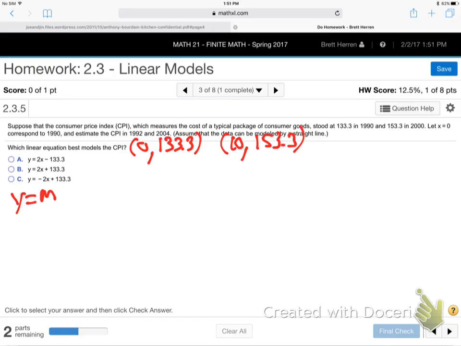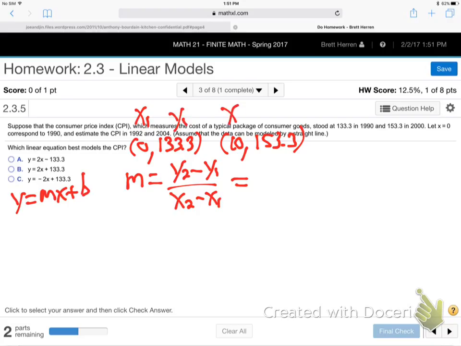This is y equals mx plus b. So we have to come up first with the slope. Anybody remember how you come up with the slope, the m? Yeah, the rise over the run, y2 minus y1 over x2 minus x1. So this is x1, y1, and x2, y2.